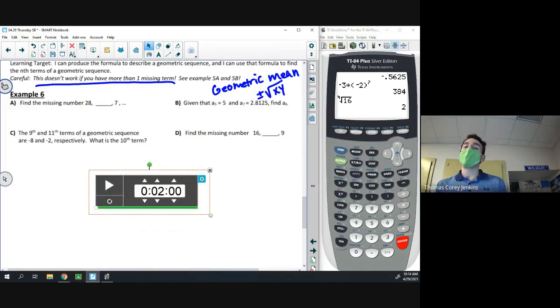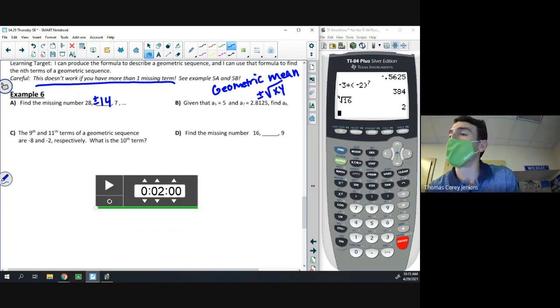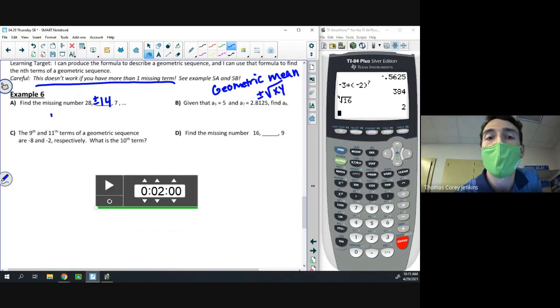All right, so look at A. A should look familiar because we've already done it. It was C for the last one. So we know really that the answer is plus or minus 14. We've already done it. So let's just see if this formula works, okay? So the formula is plus or minus the square root of x times y. So x and y are just your 2 numbers. So let's go ahead and use that formula.